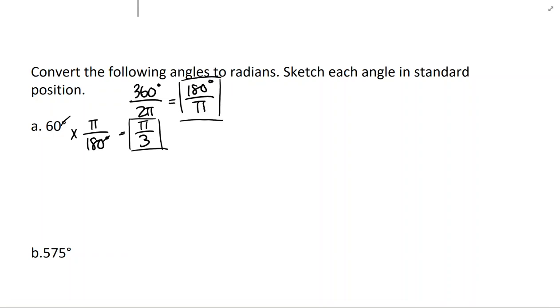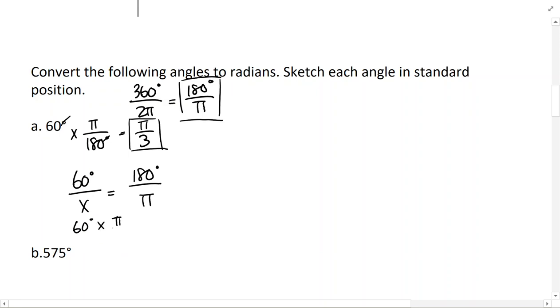Another way you might want to look at it is to look at two fractions that would be equal. 60 degrees over some x radians must equal 180 degrees over pi radians. If you isolate x by itself, you would have 60 times pi over 180 equals x, which is what we did above.